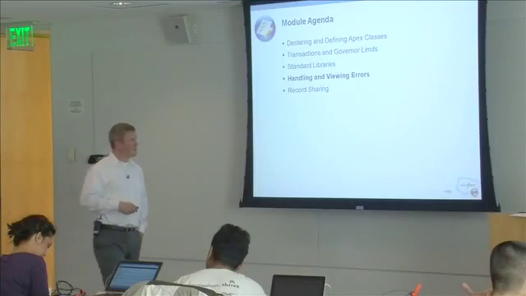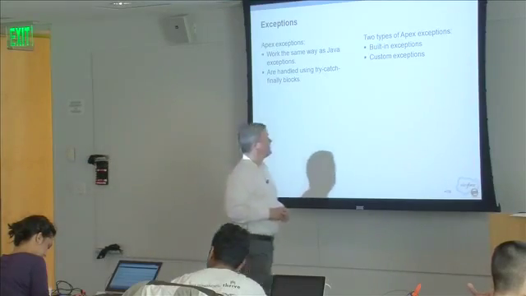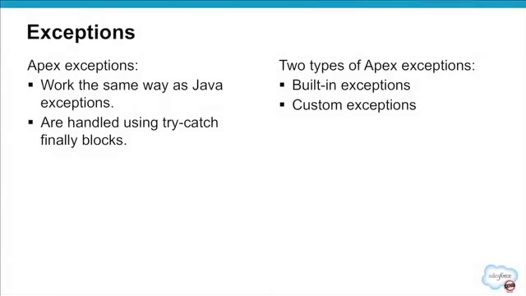Okay? So that's the current context of the transaction. Handling and viewing errors. Okay, so exceptions. Apex has the classic exception handling functionality with respect to things like a try, catch, finally block.